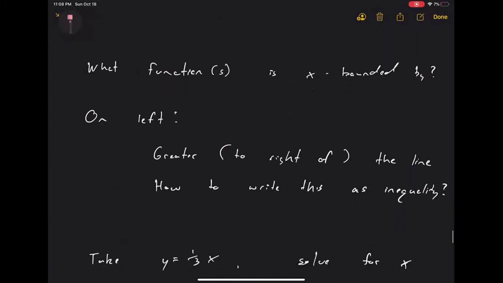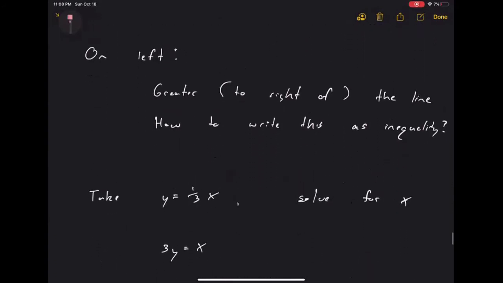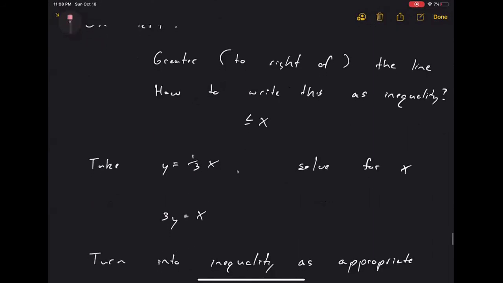How can I write that inequality? I want to write that the x values are going to be greater than or equal to the line. Well, if the line is y equals 1/3 x, let's solve for x there. Our x would be equal to 3y, just isolating x by itself.